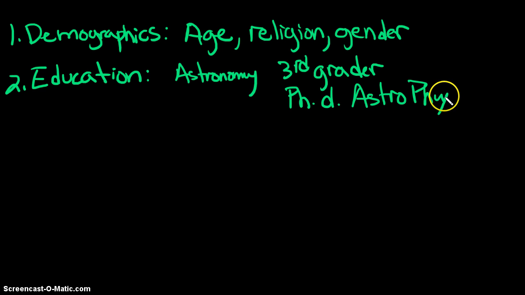So we're going to want to be pretty careful about the education level and how we respond: what kind of content we discuss, what kind of detail, language, all of those things are going to be guided by a person's education level. And so, along with education, the next thing you need to think about is prior knowledge.